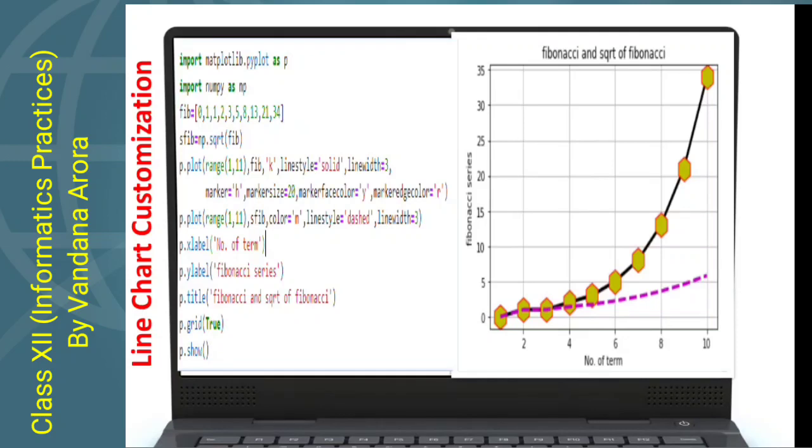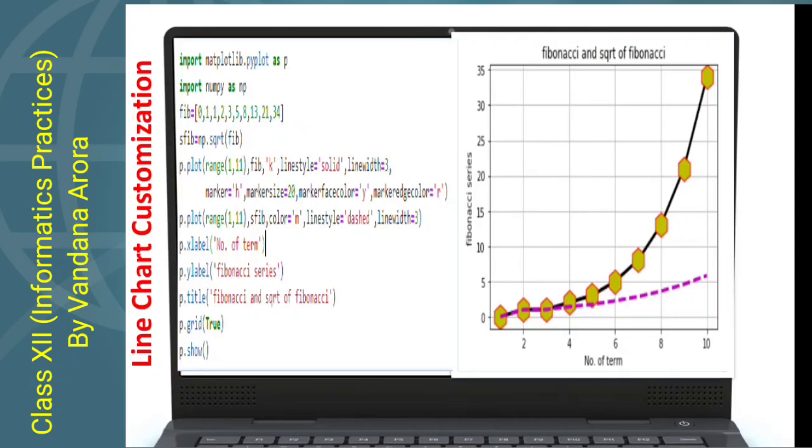In this slide you can see I have used a code, that is the code of a program. Like fib variable I have used here, that is the Fibonacci series, and sfib I have used np.sqrt(fib).